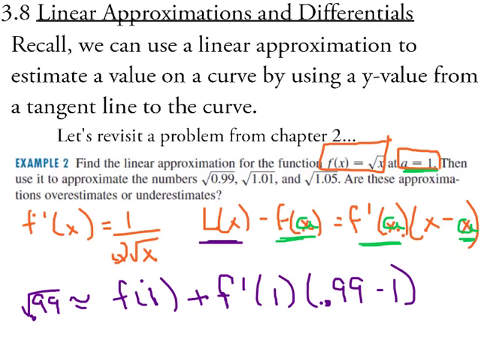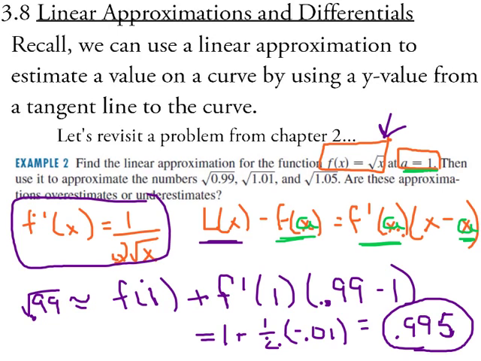So you figure that out on the calculator, realizing that this is your function and this is your derivative. So go ahead and actually evaluate this and see what you get. Hopefully you got the right answer, and compare this to the actual square root of 0.99.